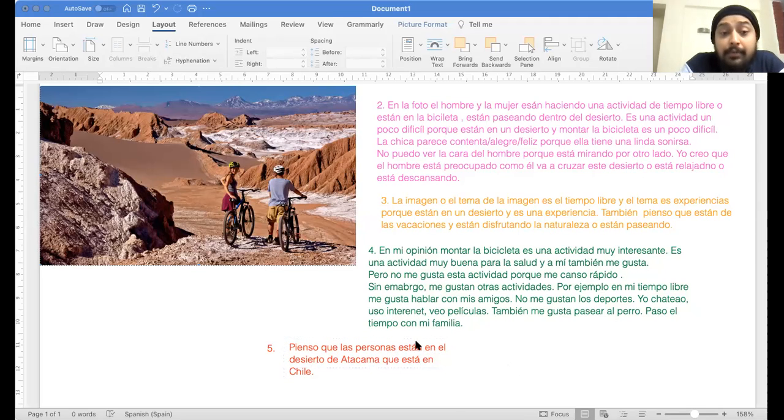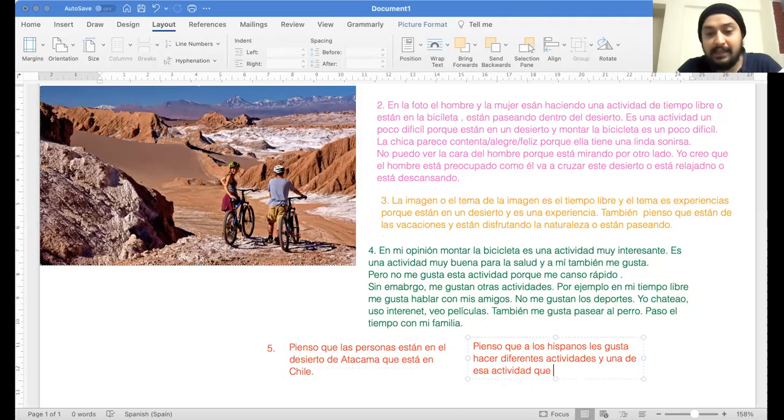If you cannot remember where this desert is actually located, you can also mention a different cultural activity. Pienso que a los hispanos les gusta hacer diferentes actividades. Una de estas actividades que aparece en la imagen es montar la bicicleta.